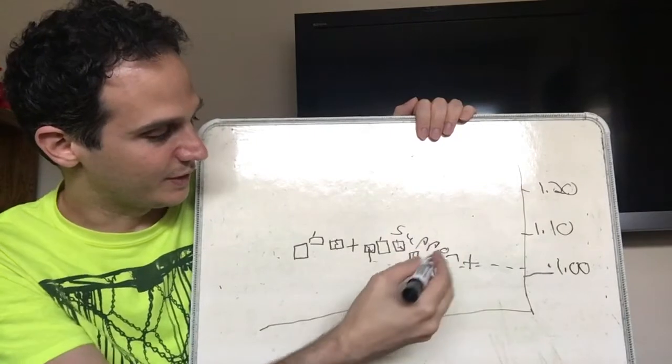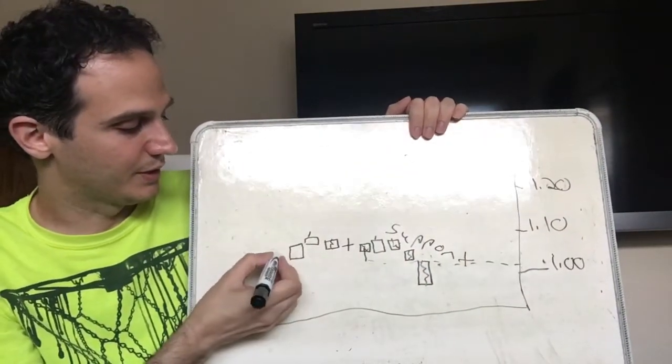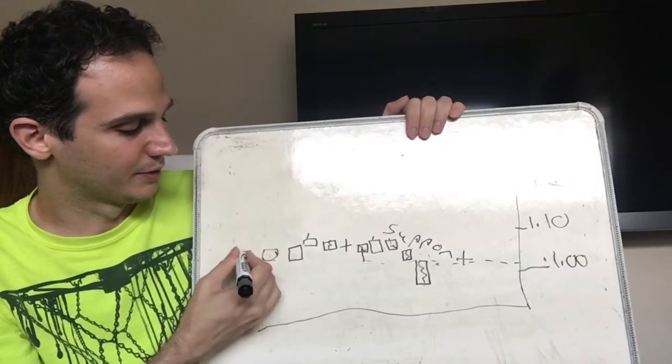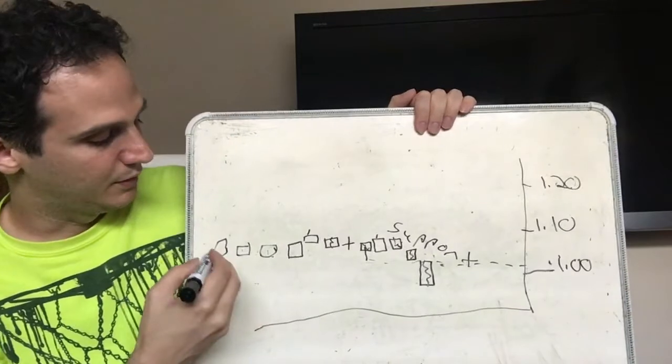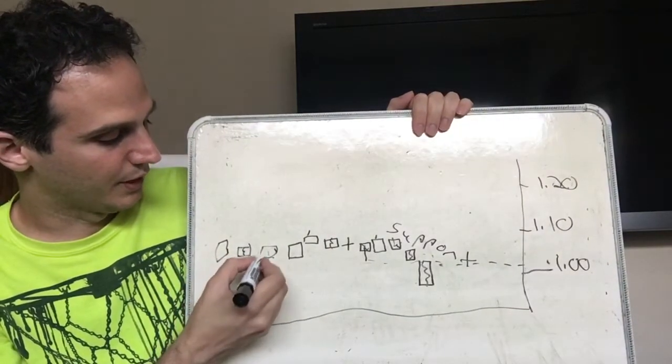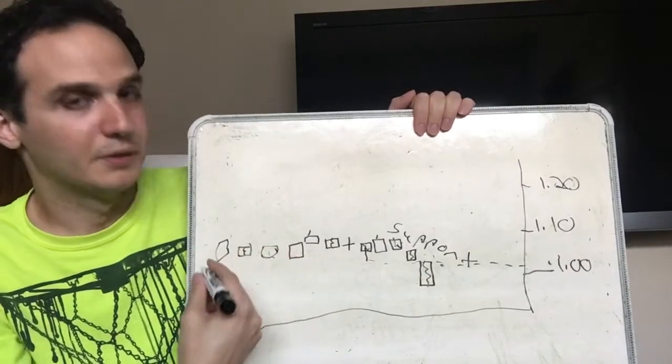Okay, and in this case, if there was a support level, so let's say here there were other candles, and maybe this was a red one, a green, well, whatever.